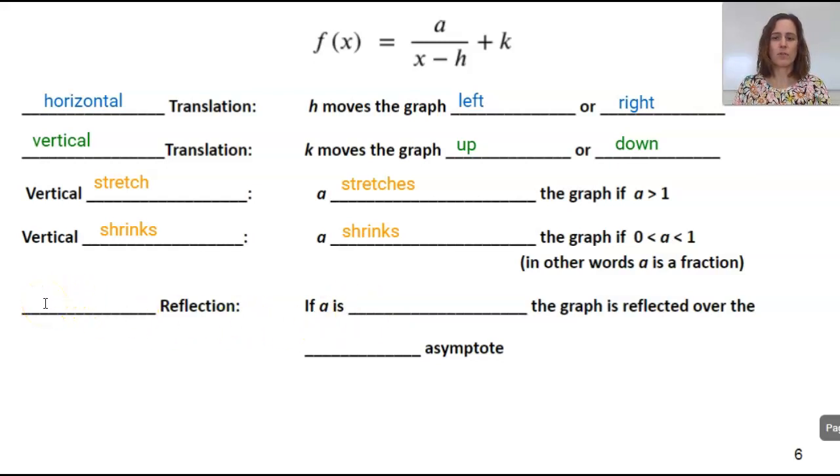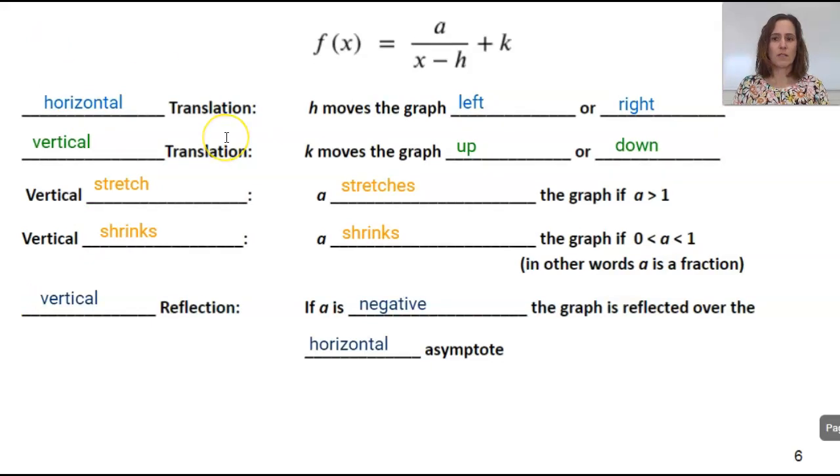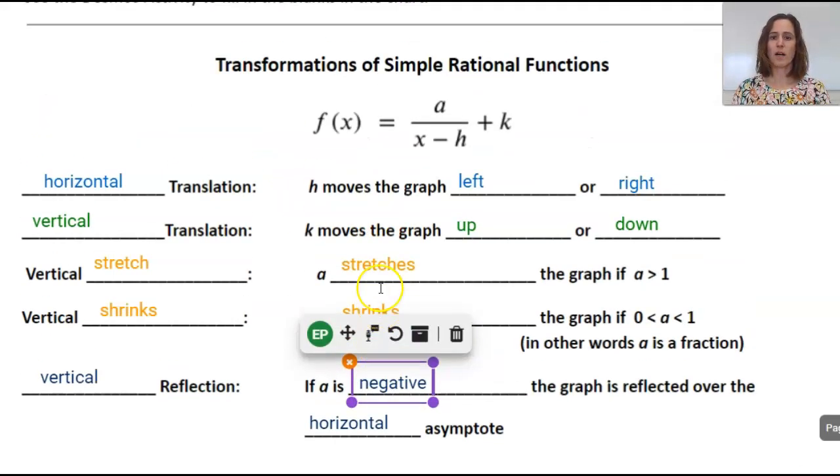That's called a vertical reflection, because if this is my horizontal asymptote, my graph is going up and down. So that is a quick summary of how a, h, and k affect a rational function's equation. As you notice, it's very similar to how a, h, and k affect all the other graphs we looked at this year.